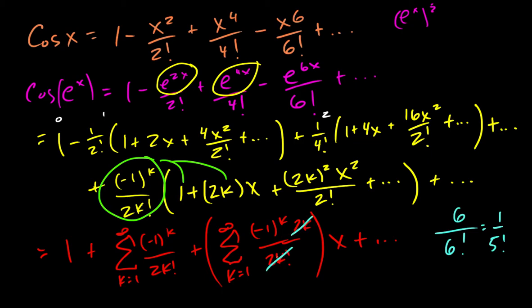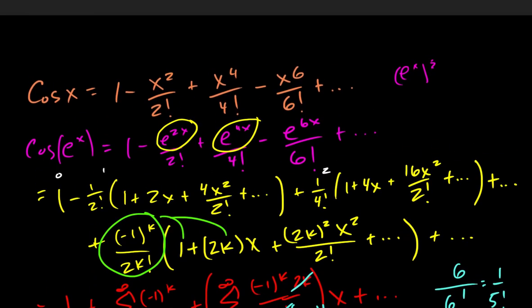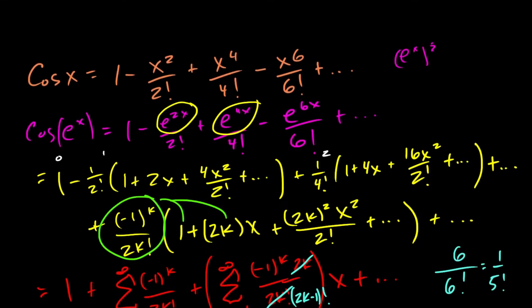So these can cancel, and we get 2k minus 1 factorial on the bottom. And so what I'm going to do is I'm going to write my cosine of e to the x is approximately 1 plus this, k equals 1.